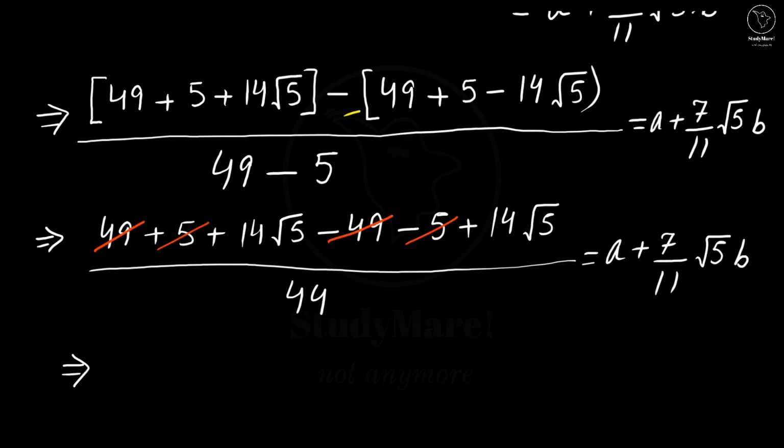Solving it further, we get, now here we have 14 root 5 and 14 root 5. So we can take root 5 as common.